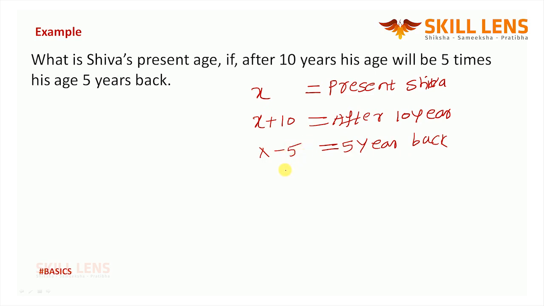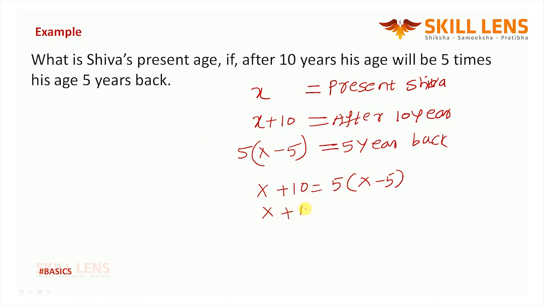Very simple question, guys. If after 10 years his age will be 5 times his age 5 years ago, then x plus 10 equals 5 times, which means multiply, x minus 5.